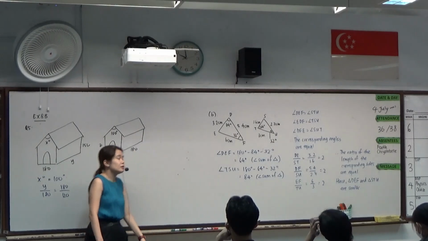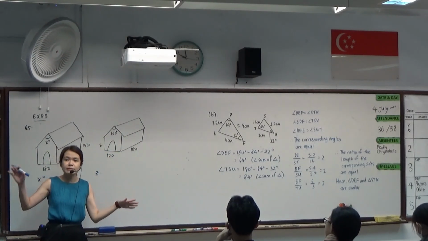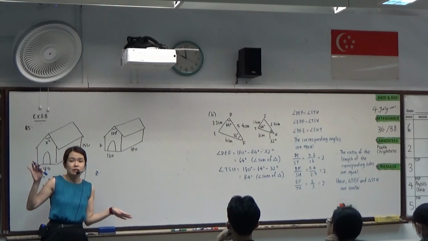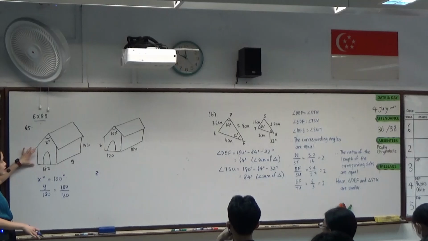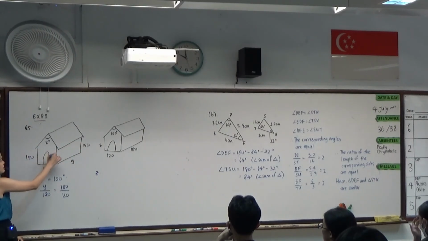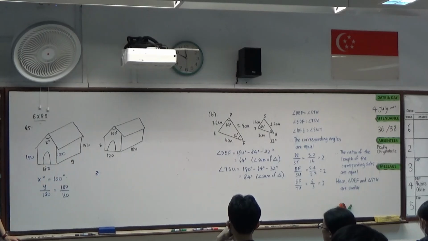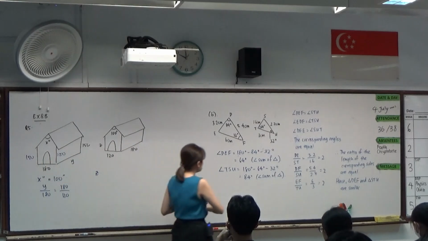Can you imagine if this and this are not equal, your house will be lopsided. Right or not? So this side corresponds to this side and this side, they're all equal. So they're all 150. Okay, so are we able to solve for z? Can, right? Okay, so I will not complete now. So work it out.